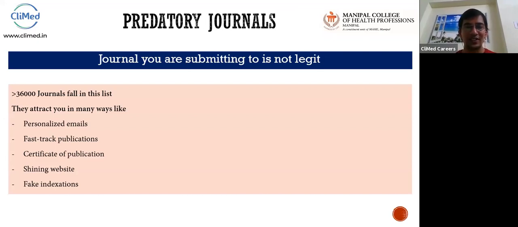So these kinds of journals come under the predatory list. There are more than 36,000 journals in this list. Out of 50,000, only 14,000 journals are good, with a good peer review process, but more than 36,000 journals fall in the predatory list, right?